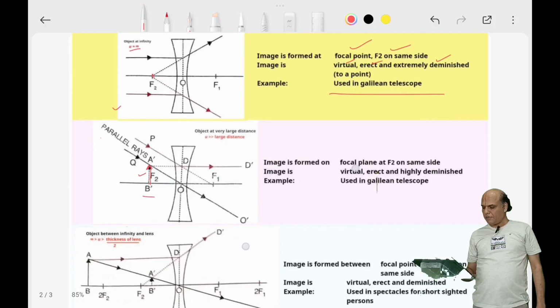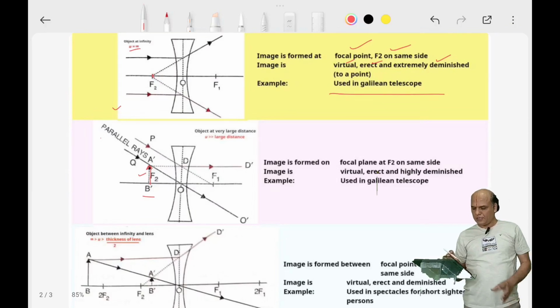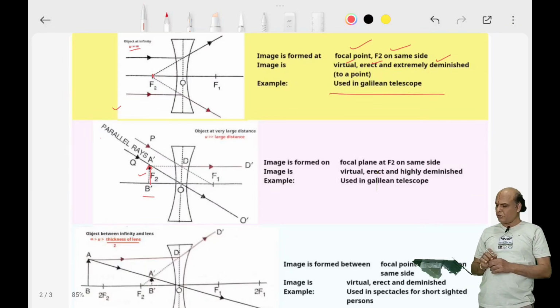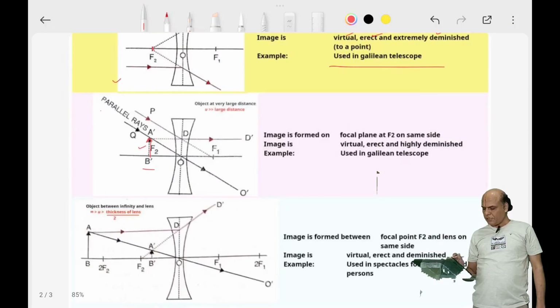Earlier, when the incident light rays are parallel to the principal axis, an extremely diminished image is formed at the focal point, almost to a point. Here it is highly diminished, and the image is formed on the focal plane.